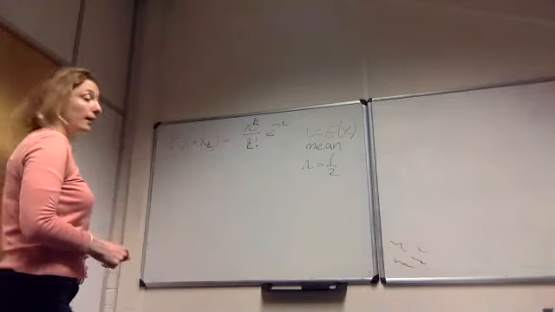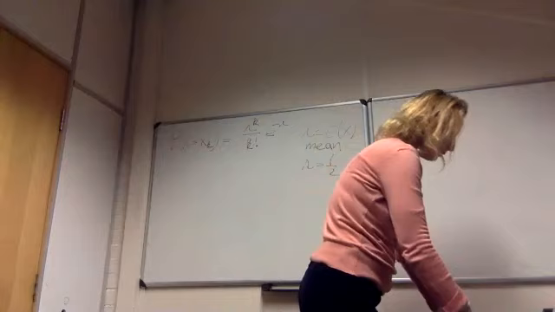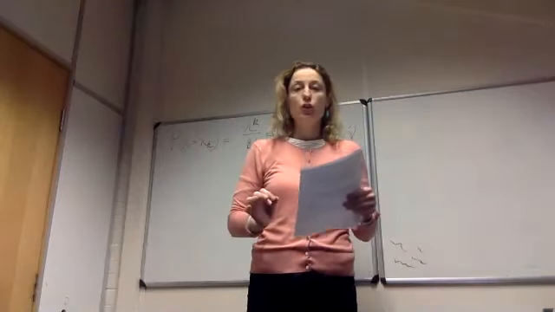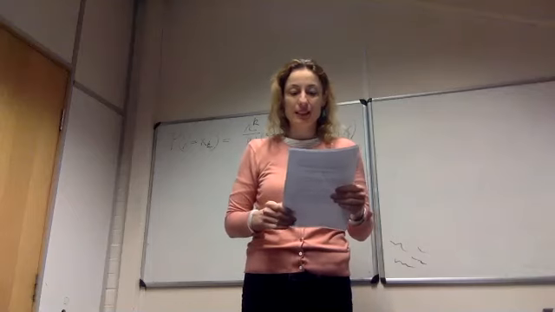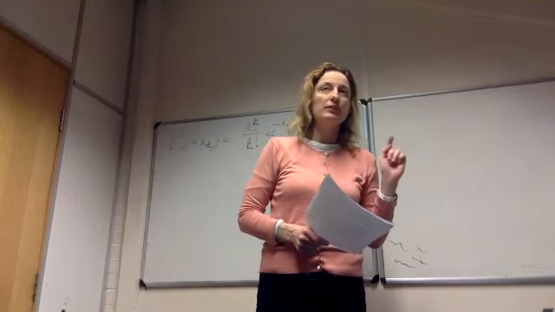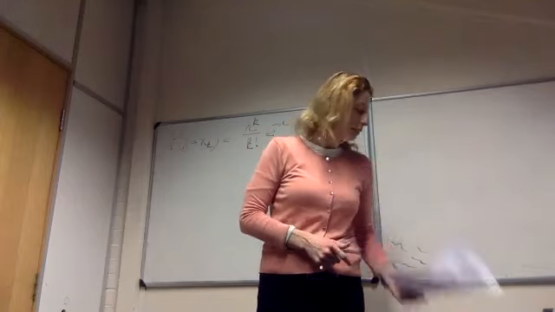Okay. Now, what is the question? They ask, what is the probability that no more than 3 televisions are sold? No more than 3. So if it's no more than 3, what can it be?